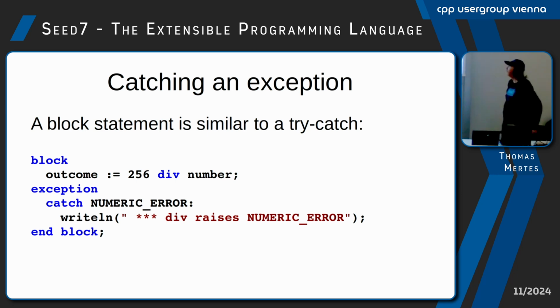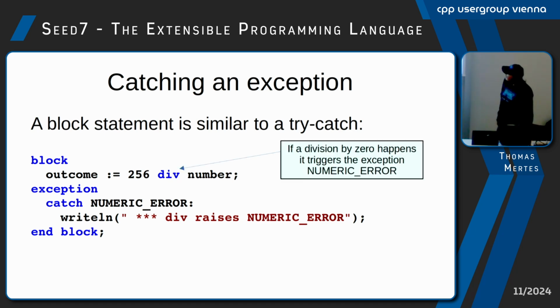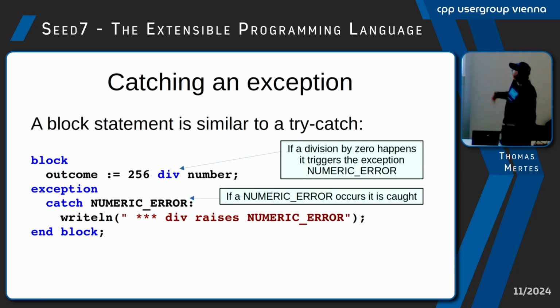Let's go to something else, exceptions. So Seed7 has exceptions, and here the block exception and block statement is like a try-catch. This division could trigger an exception named numeric error if you divide something by 0, and here the numeric error is caught.